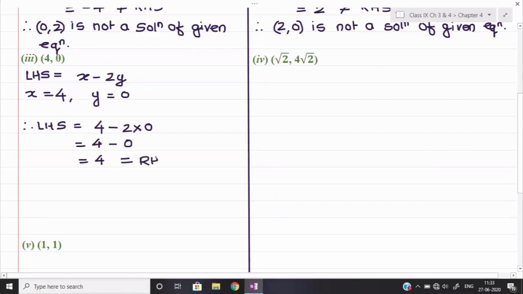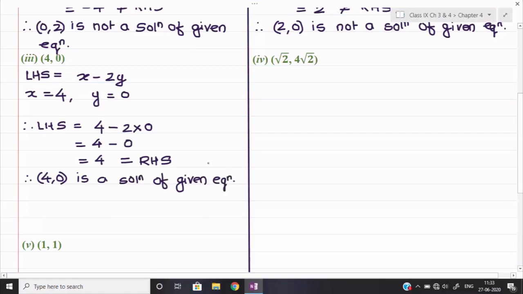So this is absolutely equal to the right hand side. So we can say that, yes, therefore (4, 0) is a solution of the given equation. Wherever it satisfies, it will definitely be a solution of the given equation.